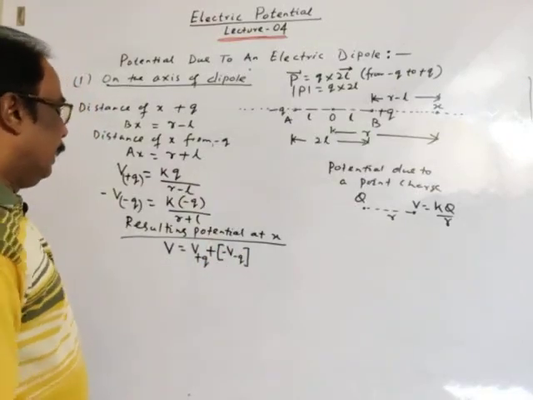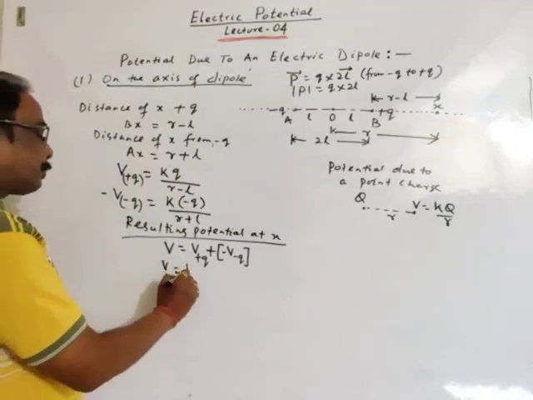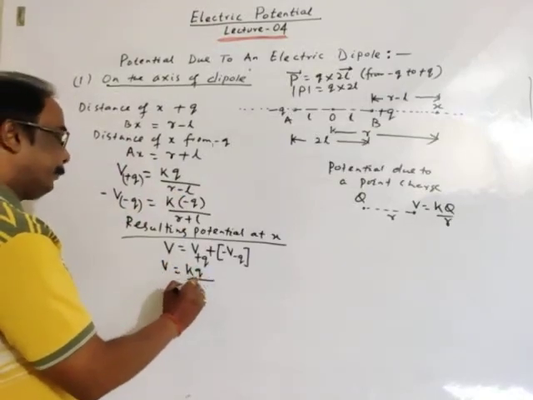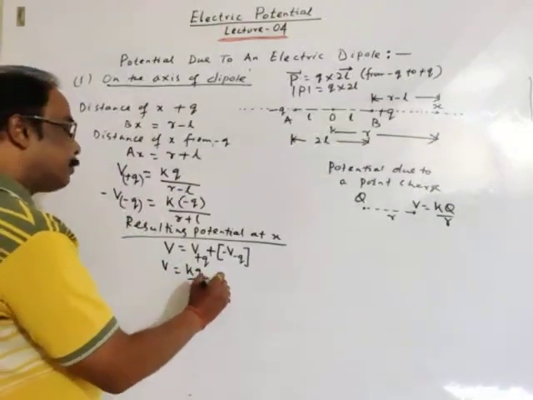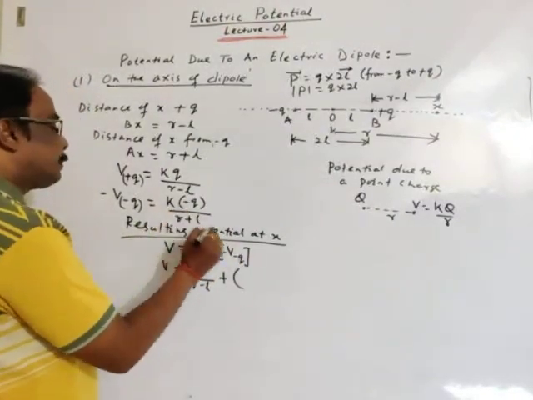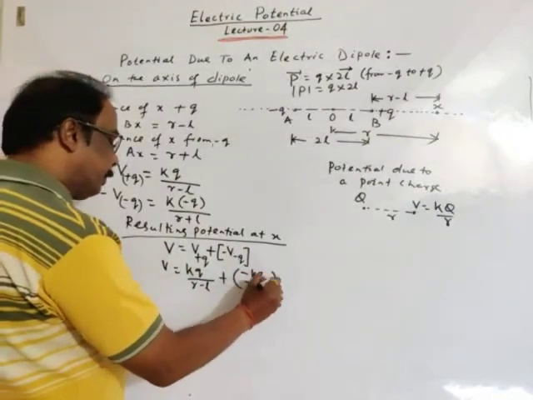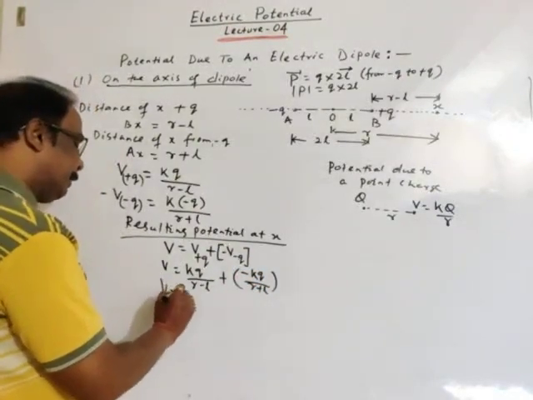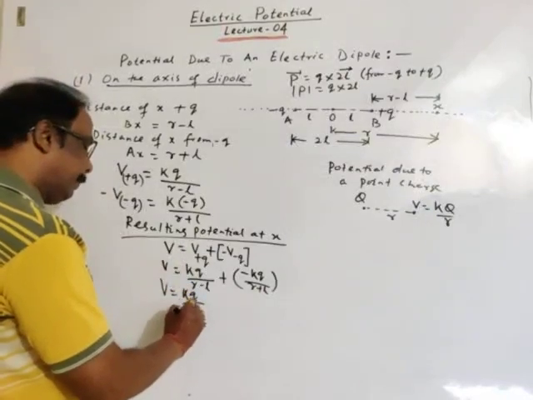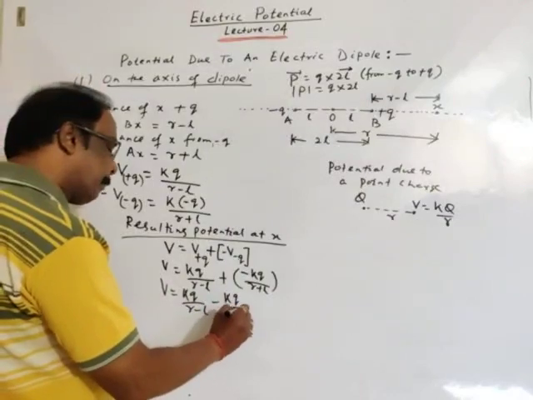Then total potential is, potential due to plus q is k q divided by r minus l, plus potential due to minus q, this is minus, so minus kq divided by r plus l. So finally potential is kq by r minus l minus kq by r plus l.